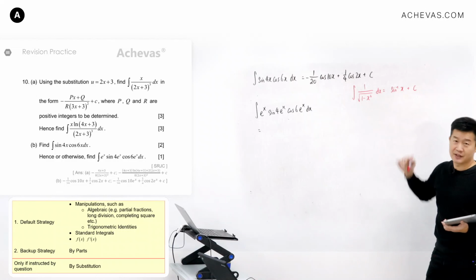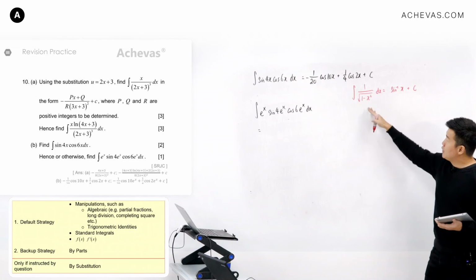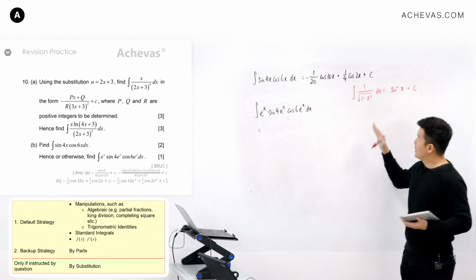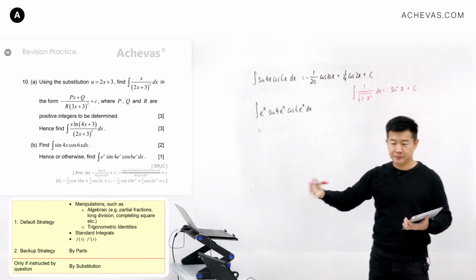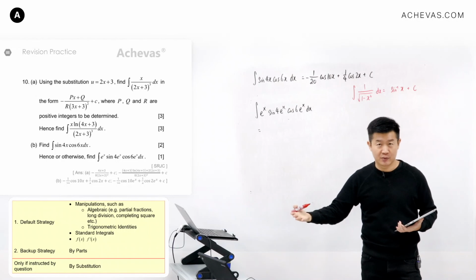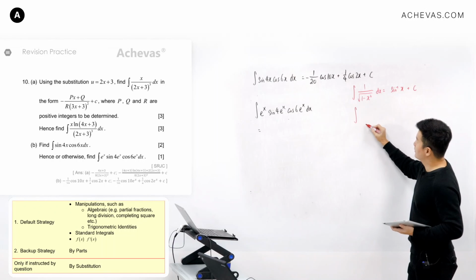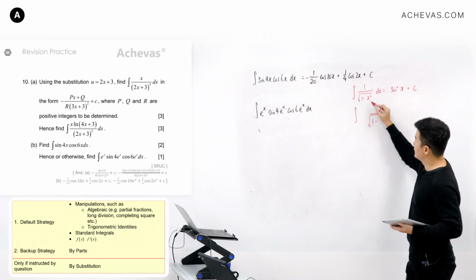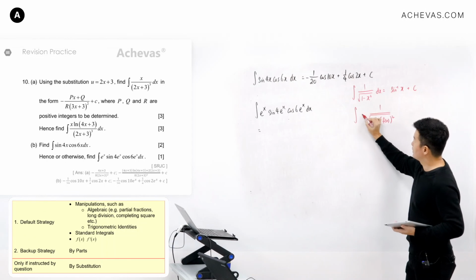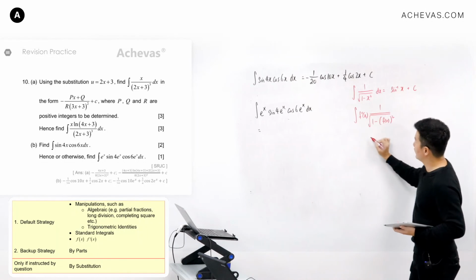So if we know this standard integral, we can extend this to an f(x) f prime x scenario. Then it will look something like this: the x in the square root of 1 minus x squared is replaced by an f(x), and you are supposed to be able to find f prime x in front.